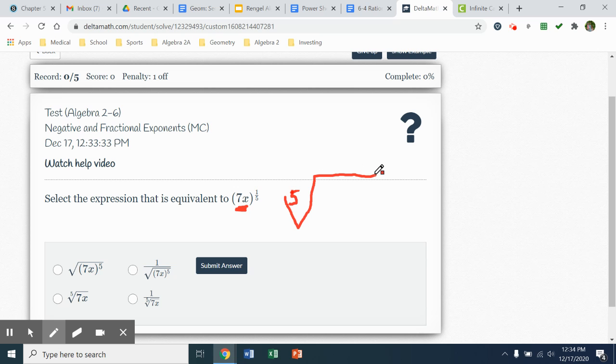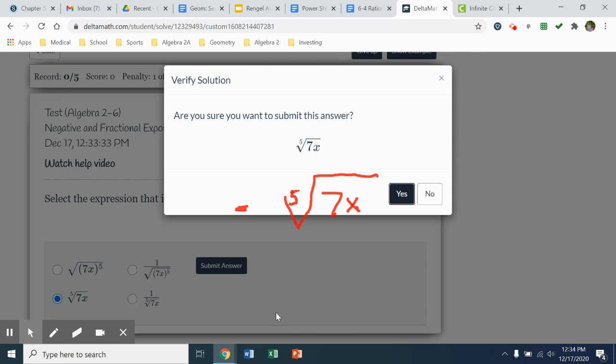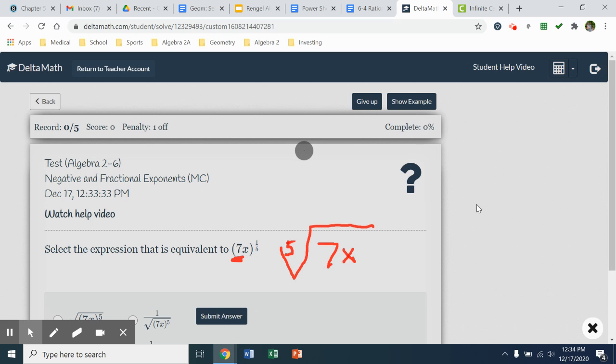And then since both 7 and x are my base, the 7 and the x are going to go underneath the radical. So I'm looking for a radical that is a 5th root, and then with the full base of 7x inside, I can click it there, and it's not wanting me to do that. There we go. And there would be my 5th root of 7x.